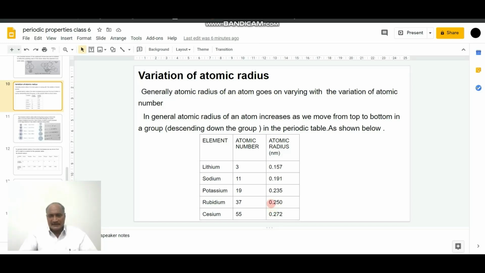As the table indicates, there is a regular increase in the atomic radius of an atom as we move from top to bottom in a group in the periodic table.